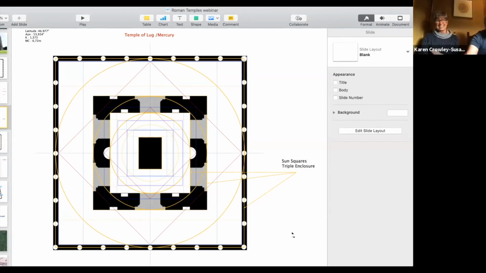So it's a solar temple. So that means that it cannot be dedicated to Janus. It's probably a temple dedicated to Mercury, Apollo, or Lug for the Celts, for the Gauls.